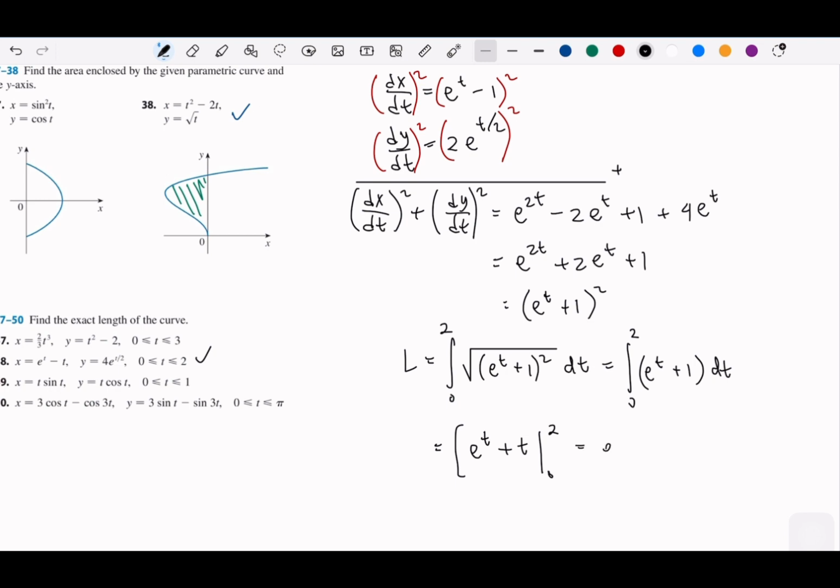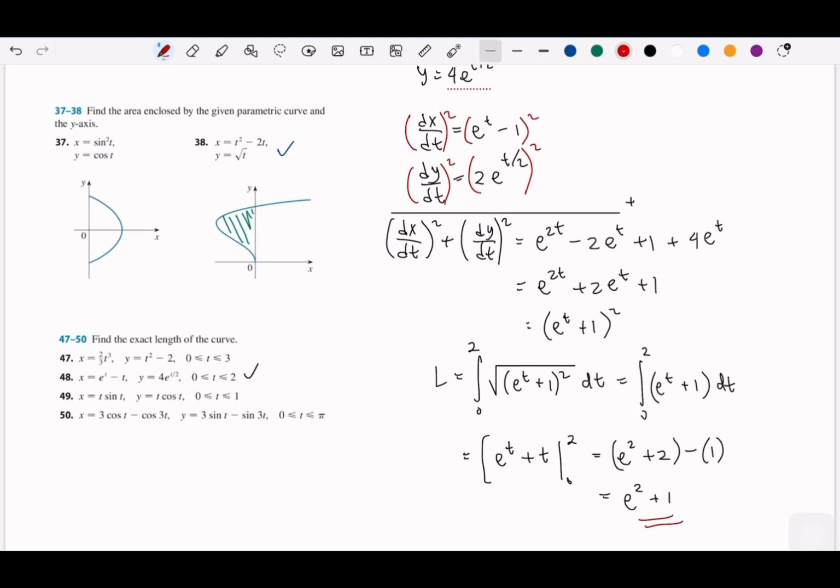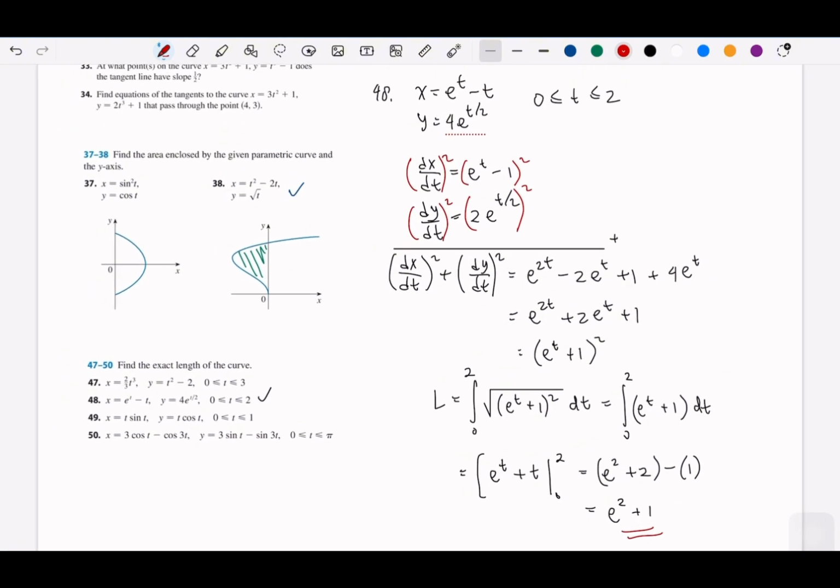This will be e squared plus 2 minus 1, and then this will be e squared plus 1. And then, yeah, 48 done.